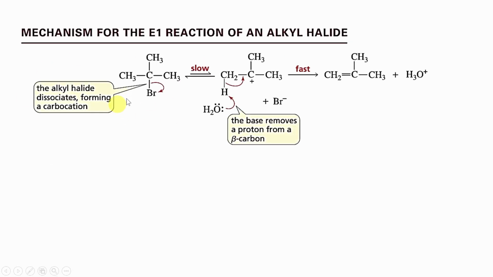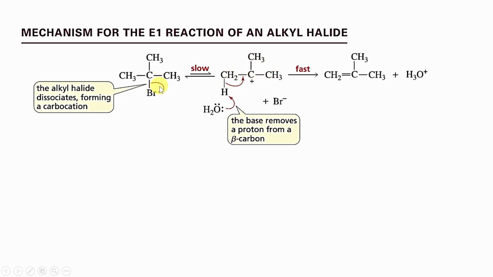Okay, see the mechanism of E1 reaction. Here 2-bromo 2-methyl propane decomposes, or heterolysis of the carbon-halogen bond takes place, in the rate determining slow step, forming a more stable carbocation as in the SN1 reaction.